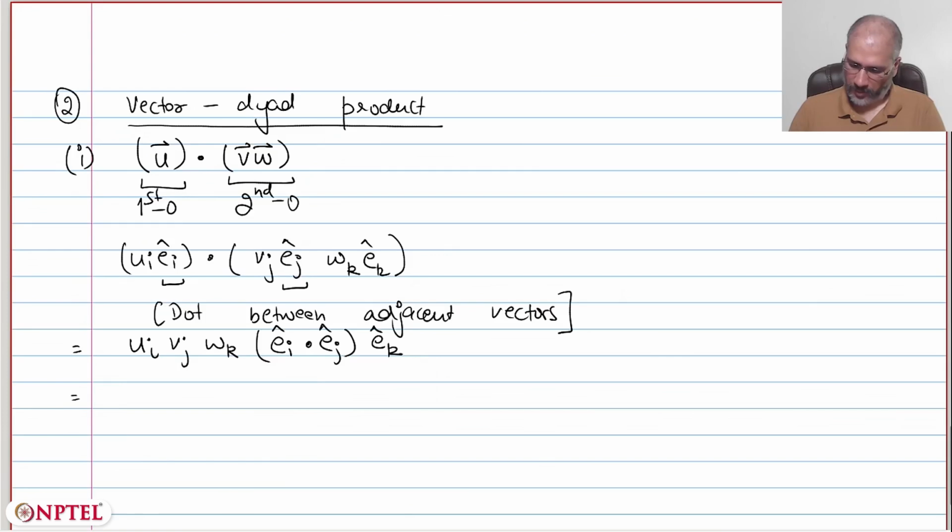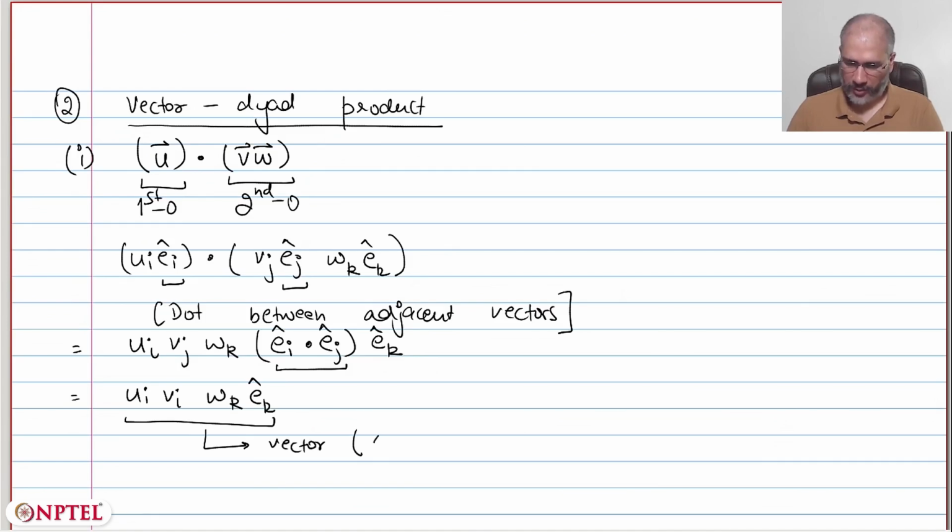From the definition of Kronecker delta, EI dot EJ is delta IJ, and then we apply the substitution property, which results in getting rid of the J in the term. So you have UI, VI, WK, EK, and we can see that this whole thing is nothing but a vector, that is, it is a tensor of first order.